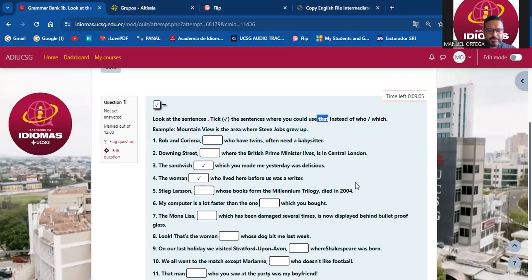Number 5, Stieg Larsson, no. Number 6, my computer. Number 7, no. Number 8, if you remember, we use whose, so it's not an option. It's only between who or which that we can use that. So number 8, impossible. Number 9, on our last holiday, where Shakespeare was born, in Stratford-upon-Avon.